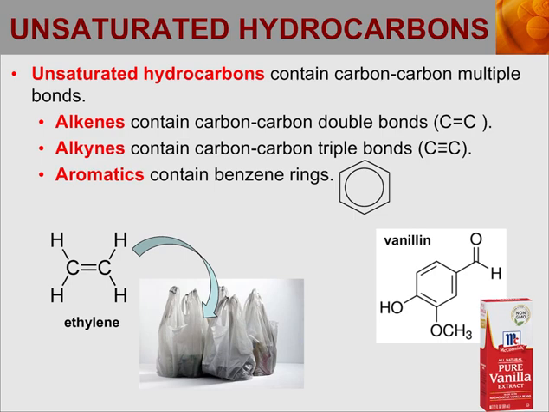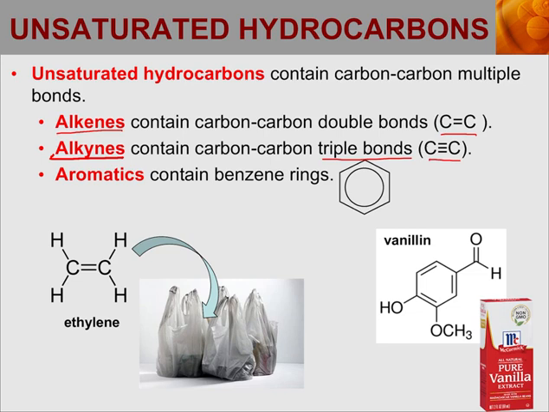Okay, so last time in chapter 11, we discussed saturated and unsaturated hydrocarbons. So remember that unsaturated hydrocarbons will contain a carbon-carbon multiple bond, like a double bond or a triple bond. So alkenes contain a double bond between two carbon atoms. Alkynes contain a triple bond between two carbon atoms.